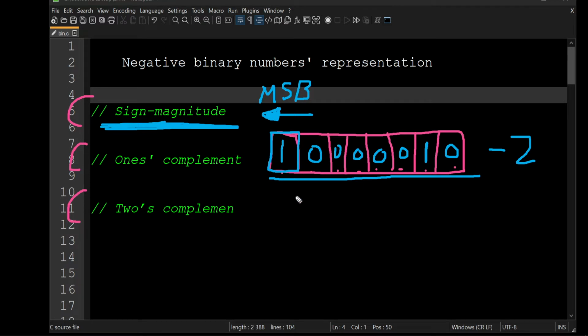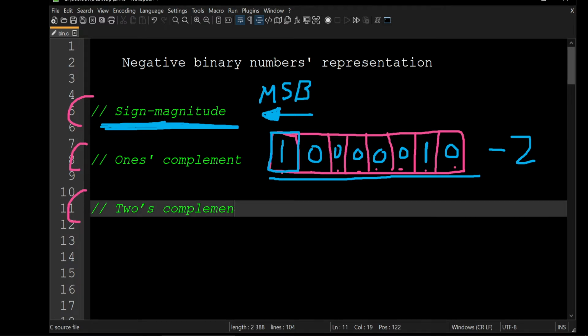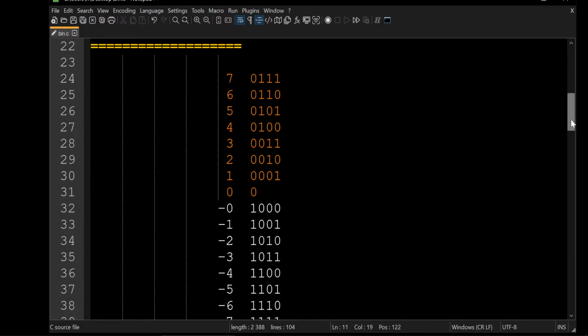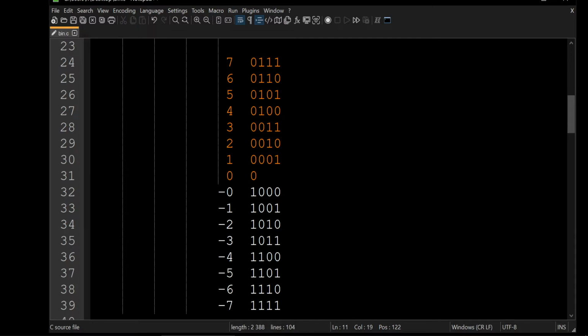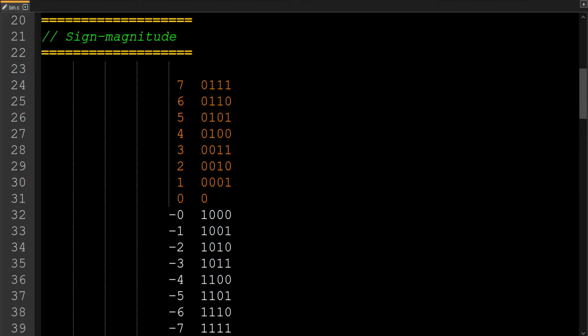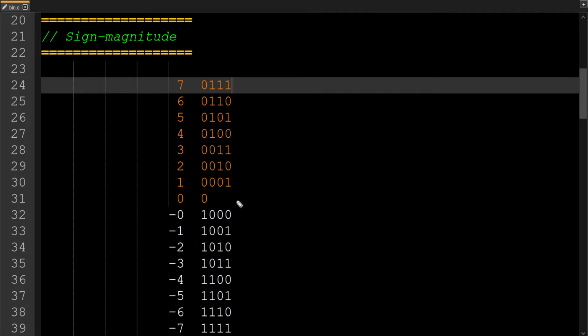If we take a look at the table which I prepared for you, here we see that in sign magnitude we have such a way of writing numbers. For example, 0 is just a simple 0. These are signed numbers, so they have the sign bit empty.